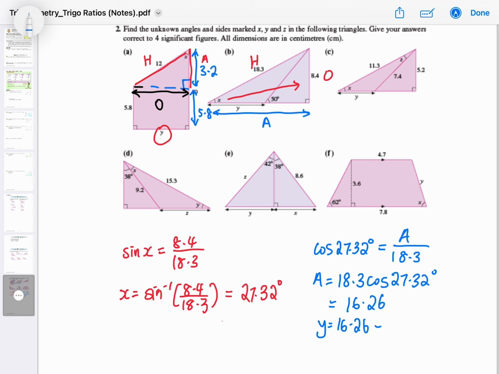minus, oops, I need to minus off this small length here, which I also need to find.